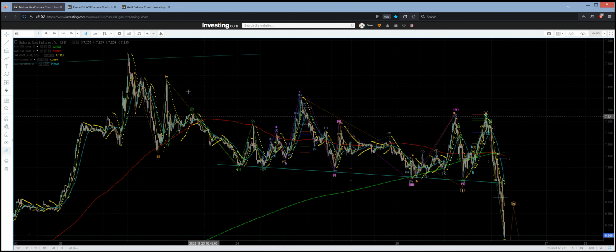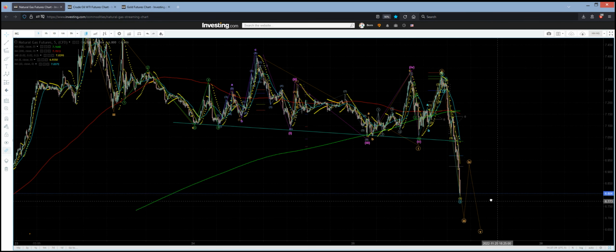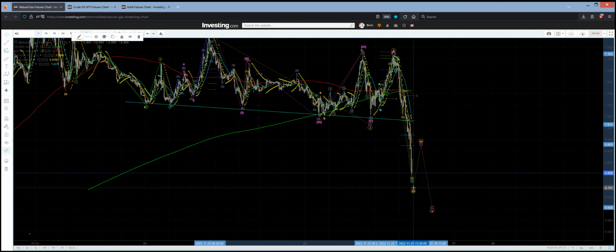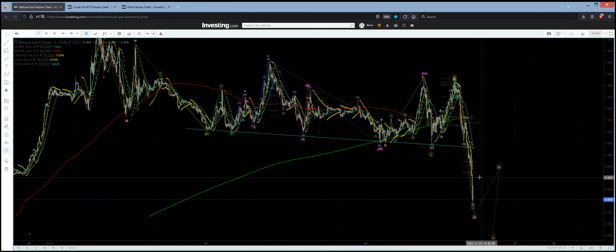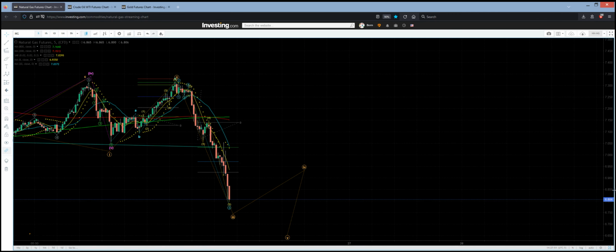This has 2 different counts, ABC, or 1, 2, and then your 1, 2, 1, 2 until you get into wave 3, and then we're going to start to see where it's actually going. Is this complete?